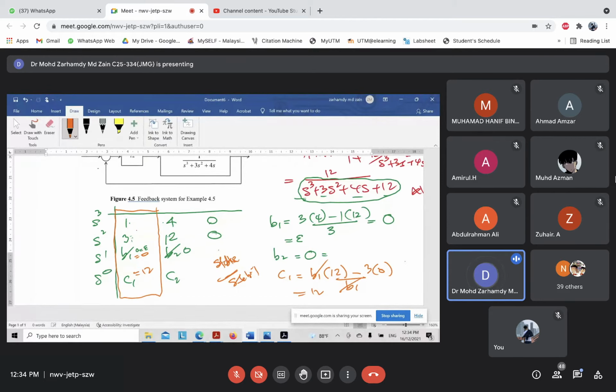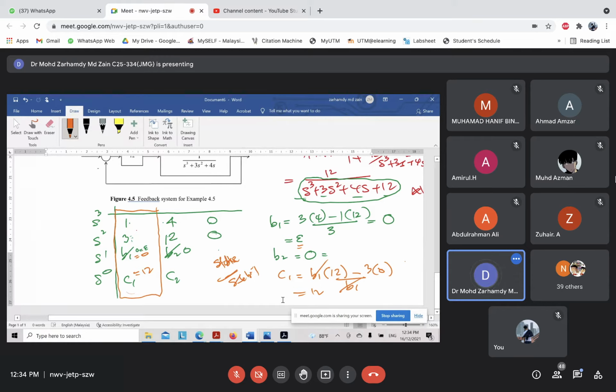Any questions? If we get 0, it's okay, leave it. But we assume epsilon temporarily to get the value of C1. Can the class follow? Okay, Abdul Rahman, any question?